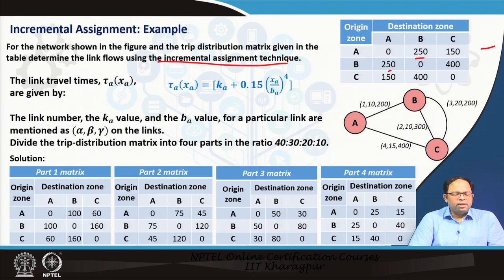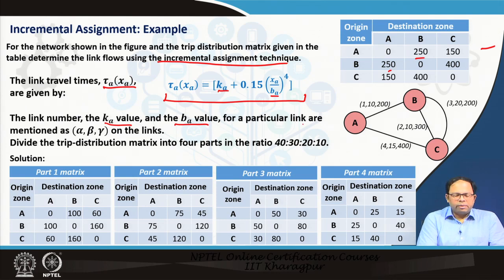The link travel times are given by the BPR equation: tau_a(x_a) equals Ka plus 0.15 times (xa by Ba) raised to the power. This is the form we used in the BPR equation initially. For each link number, the Ka and Ba values are mentioned, where Ka is the initial travel time and Ba is the capacity.